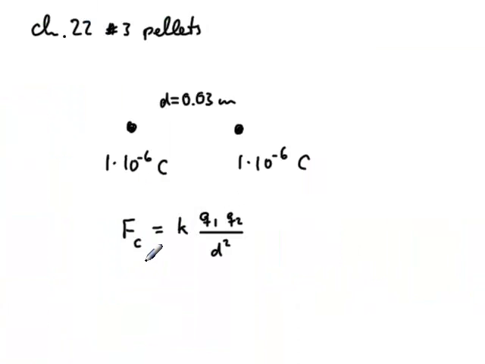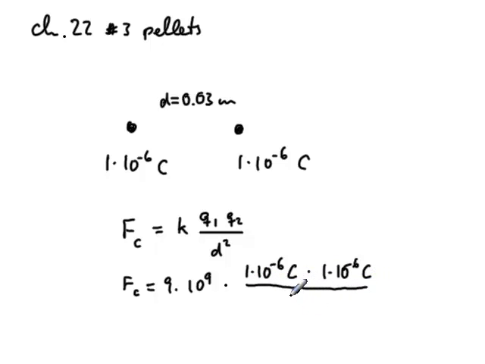So this is what I just did. Fc equals 9 times 10 to the 9th times 1 times 10 to the negative 6 coulombs times 1 times 10 to the negative 6 coulombs. And then I try a fraction bar. Oh, that's not too bad. 0.03 meters. That's why I wanted to put it in parentheses on the calculator, because of the unit, but of course on the calculator I don't need a unit.